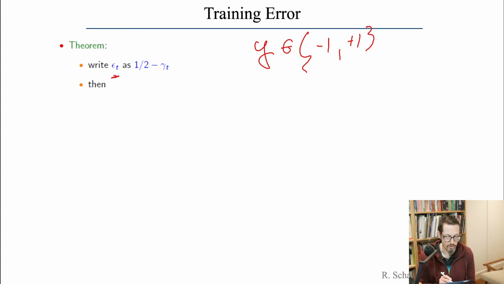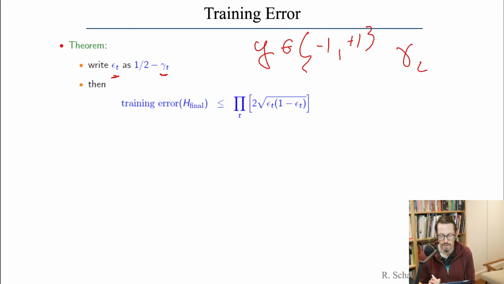So we're going to use gamma here as how much better than chance we are doing. So gamma of t, for classifier t in the sequence going 0, 1, 2, and so on, is how much better than chance.